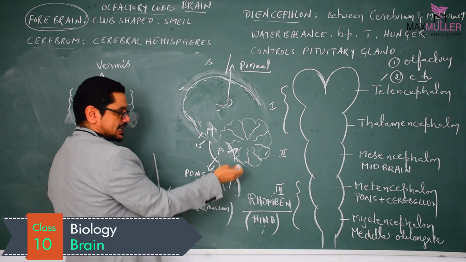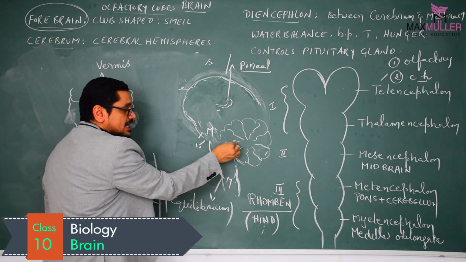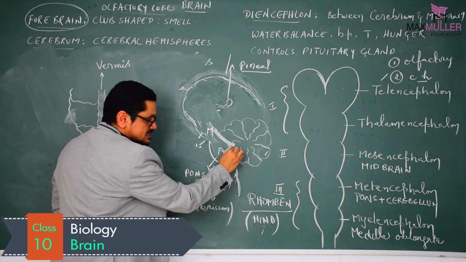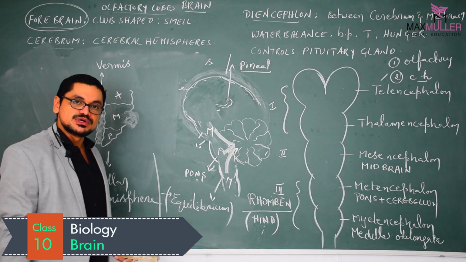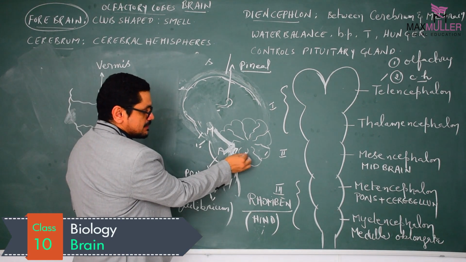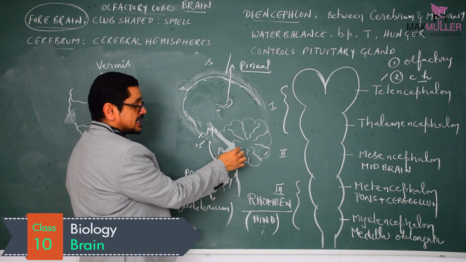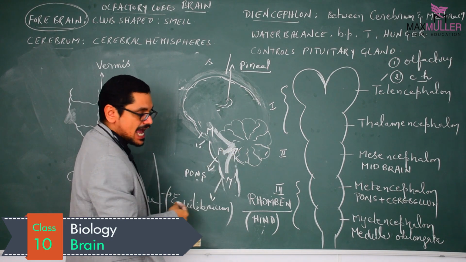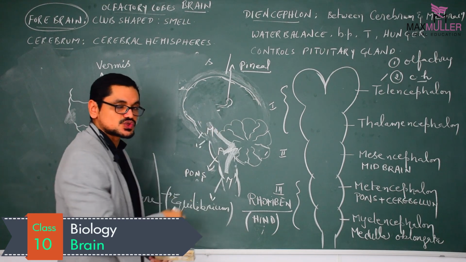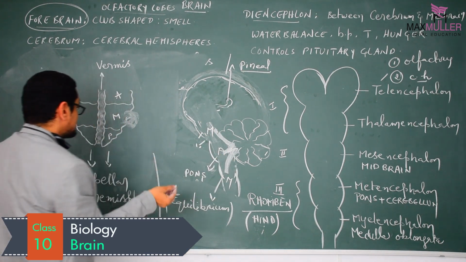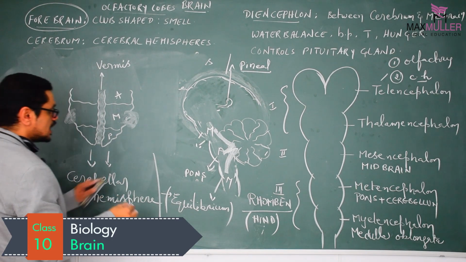See, the cerebellum is connected to the midbrain, to the pons, and to the medulla oblongata also, with the help of peduncles.